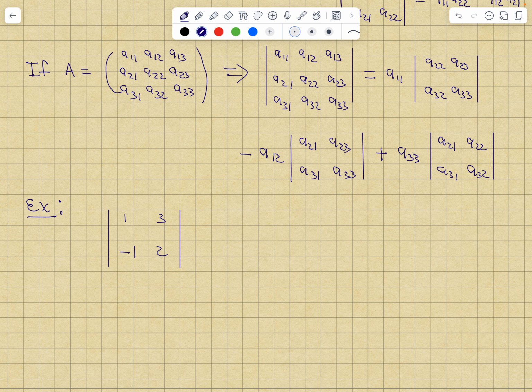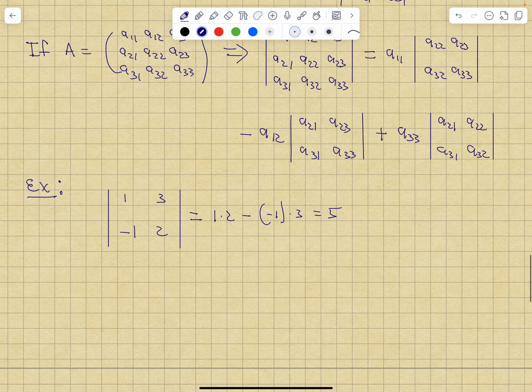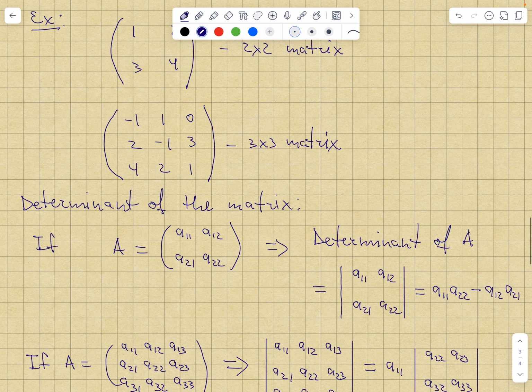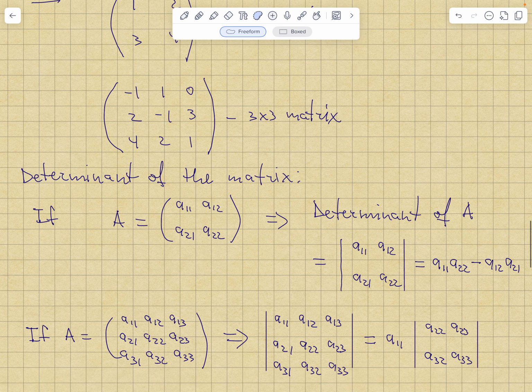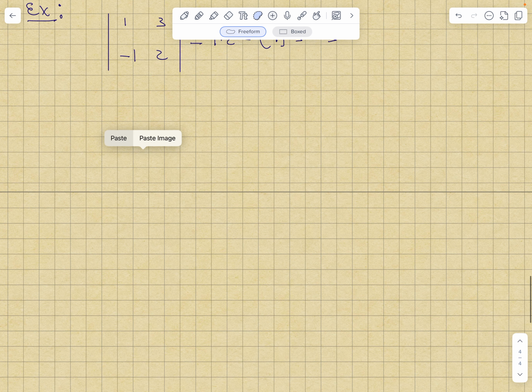That shouldn't be very difficult to do because I simply take a product of elements on the main diagonal minus a product of elements on the secondary diagonal. And so in this case, it's 2 plus 3, 5. And then actually, let's take this 3 by 3 matrix that I already wrote, and we find its determinant.